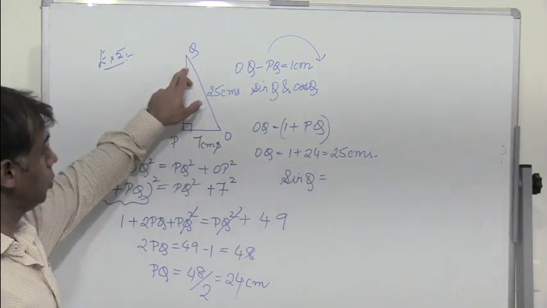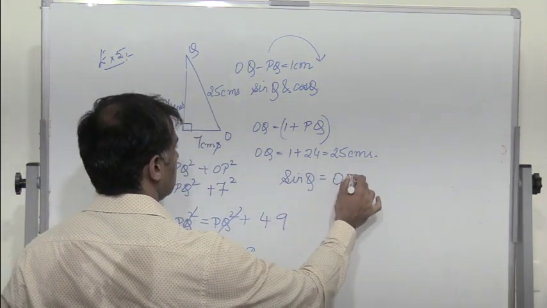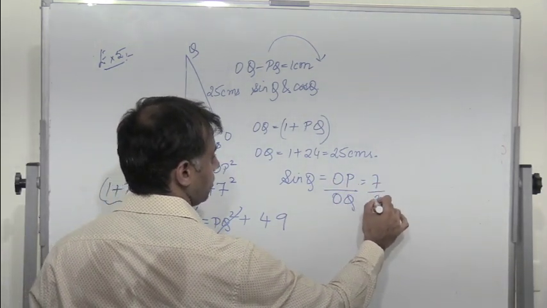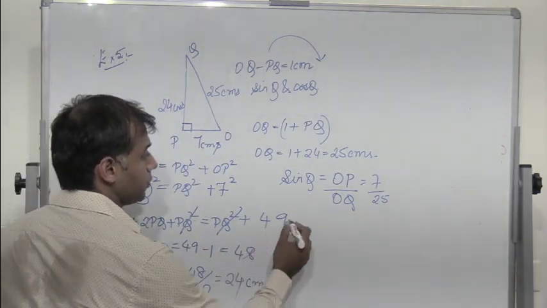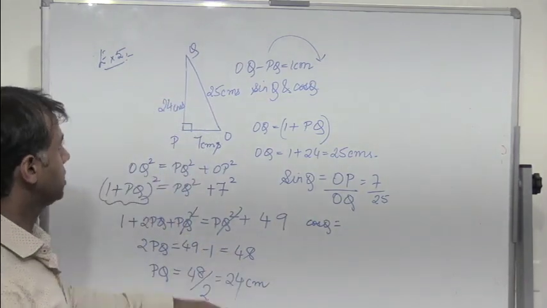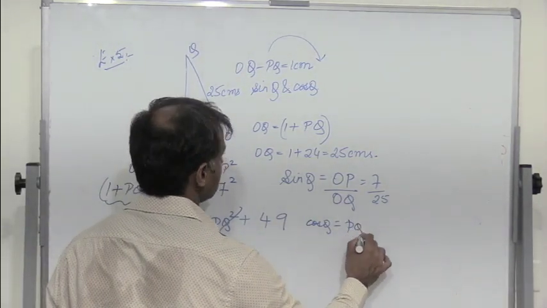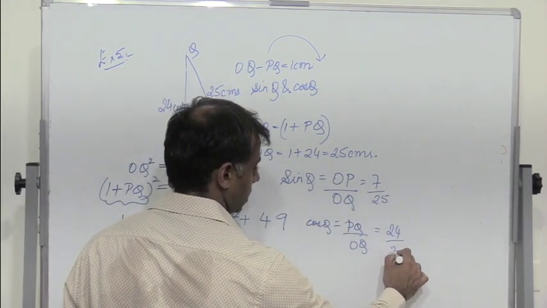Sine of angle Q is opposite side OP divided by hypotenuse OQ, which is 7 by 25. Next, I need to find cos Q. What is cos Q? The adjacent side PQ divided by OQ, which is 24 by 25.